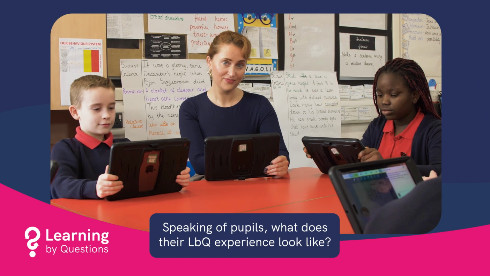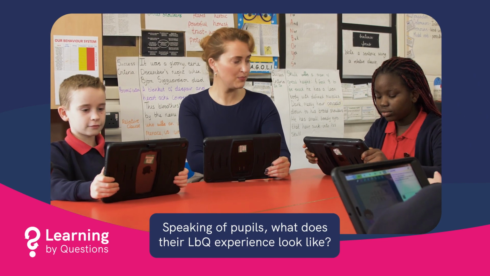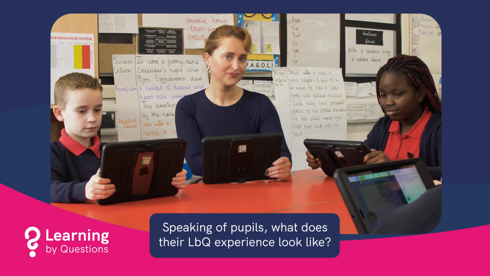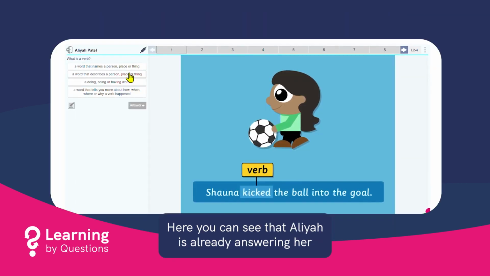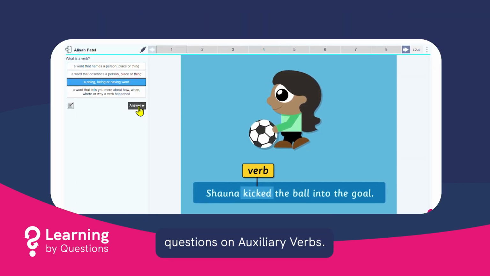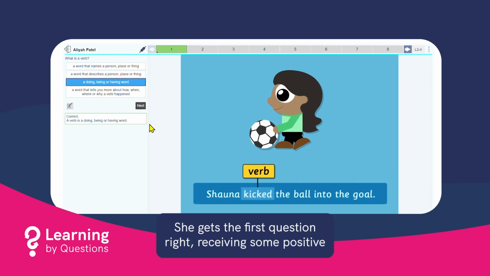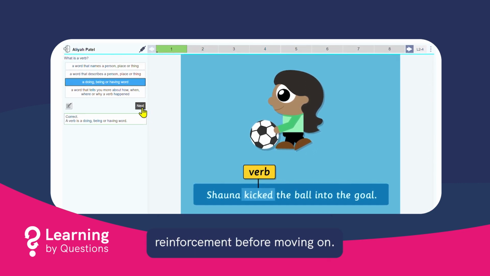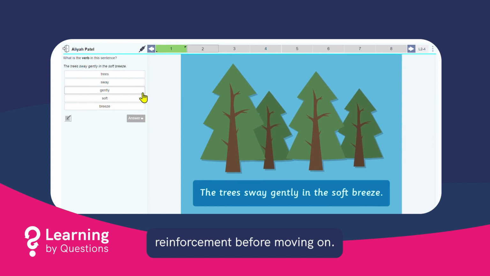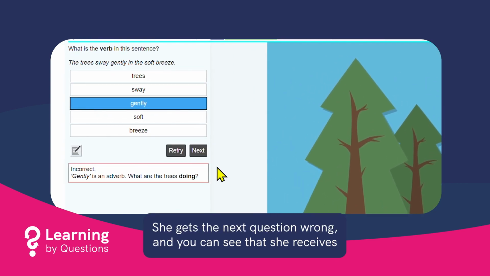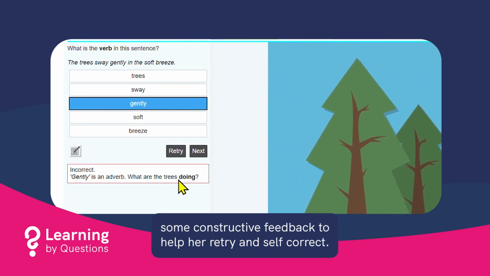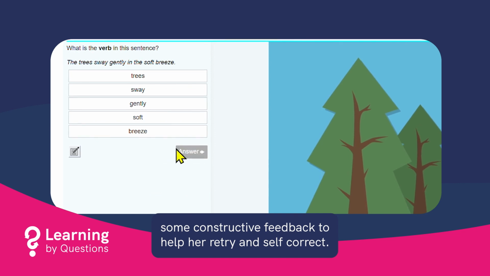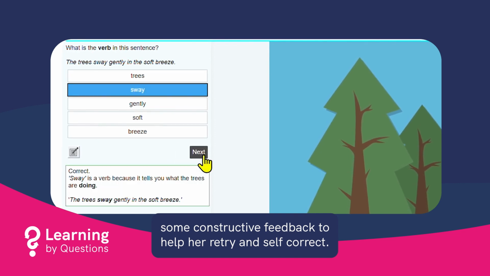Speaking of pupils, what does their LbQ experience look like? Here you can see that Aaliyah is already answering her questions on auxiliary verbs. She gets the first question right, receiving some positive reinforcement before moving on. She gets the next question wrong, and you can see that she receives some constructive feedback to help her retry and self-correct.